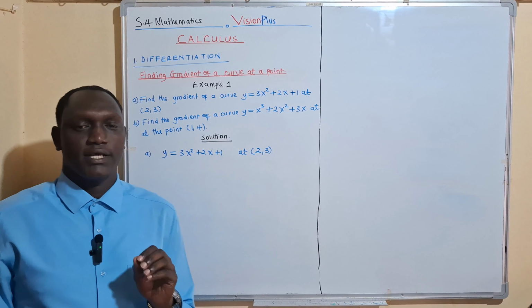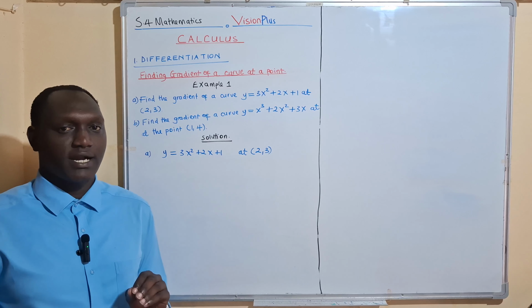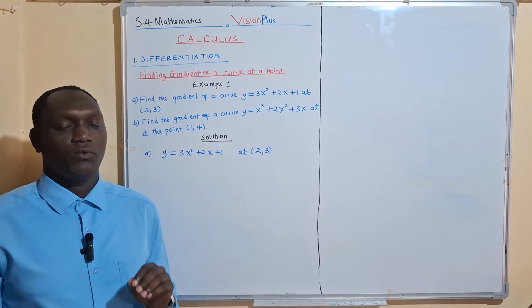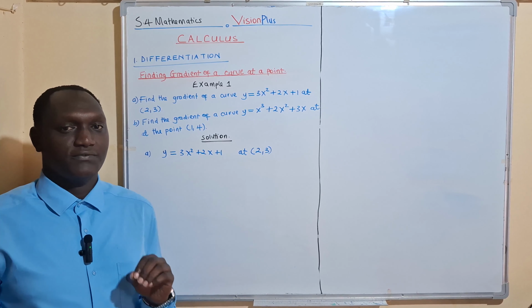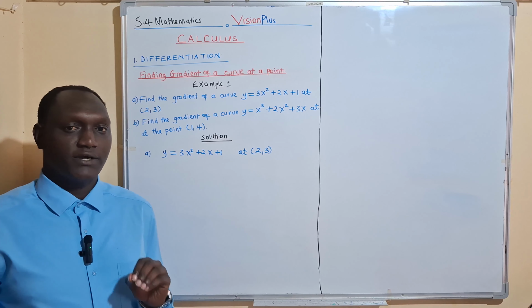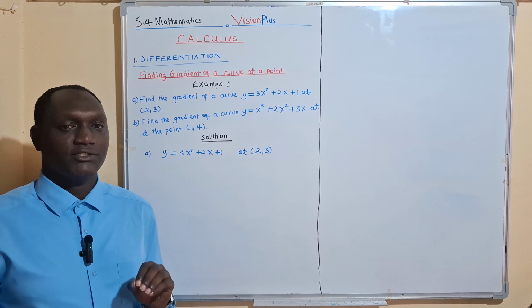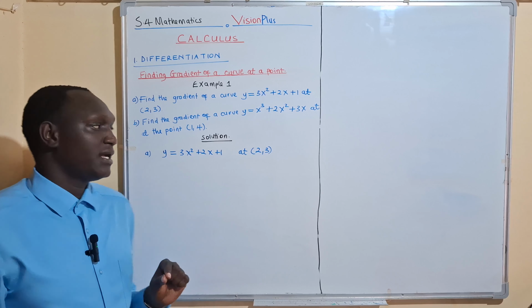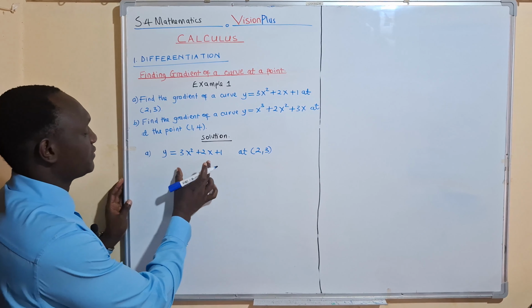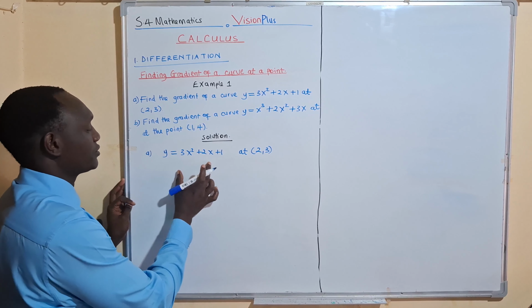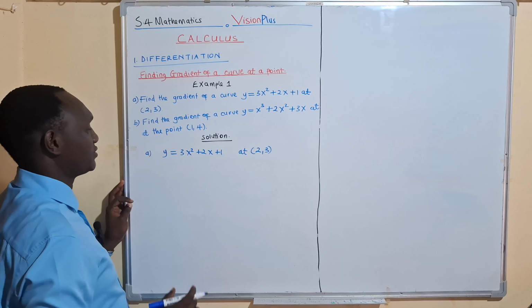Now, for us to find the gradient of the curve at any given point, say 2 and 3, we need to first get the gradient function of the curve. What is the gradient function of the curve? The gradient function of the curve is the derivative of the curve. That means we need to differentiate the given function of the curve. So let us differentiate this function.